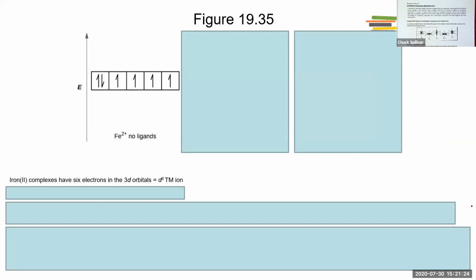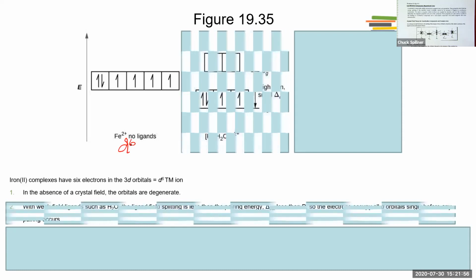If we go across the periodic table, 1, 2, 3, 4, 5, 6 of the elements in the d shell, so we know there are 6 d electrons. Fe2+ has lost two s electrons, so there are 6 d electrons left. So we know that iron, and I'm going to write it right here, is a d6 ion.